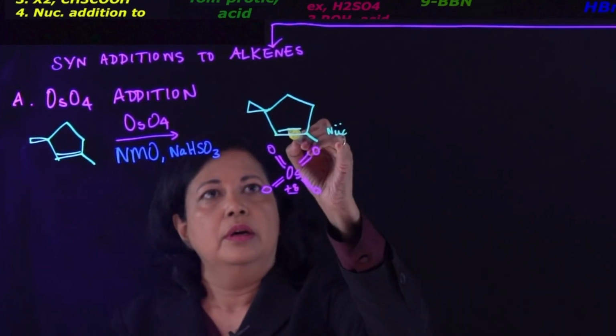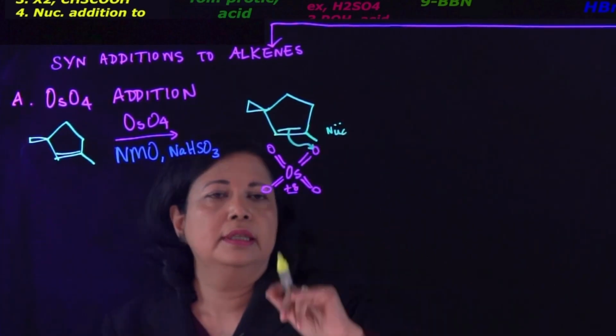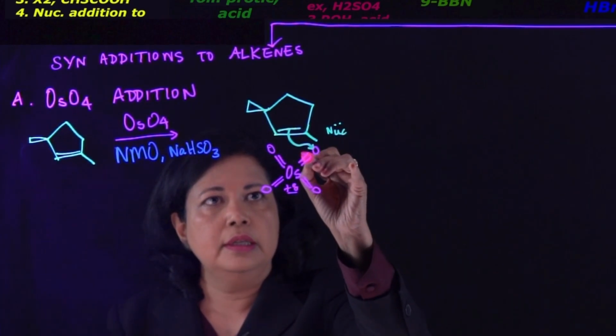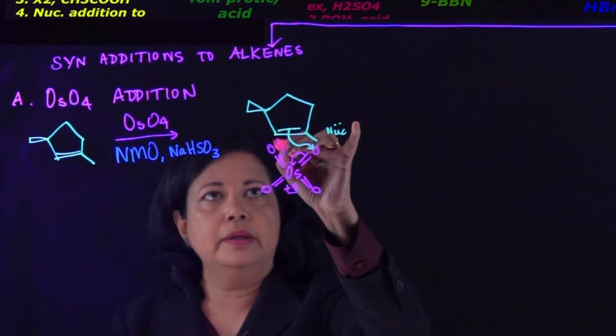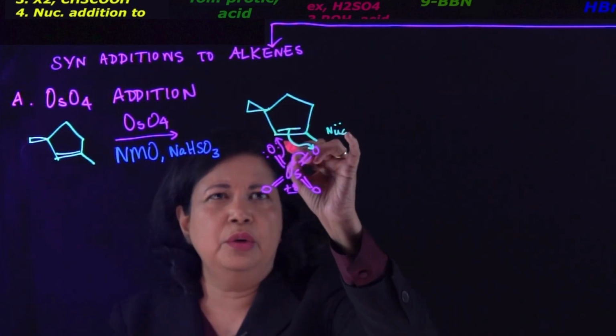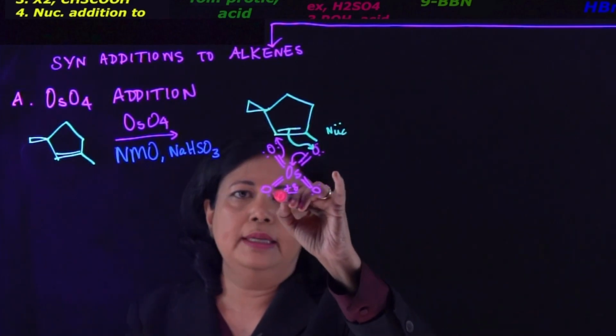So the pi bond takes a step out, grabs that oxygen. The oxygen here is going to go to the osmium, and these pi bonds then step out and attack that carbon here. Now, there is really no regioselectivity the way the reagent is made.